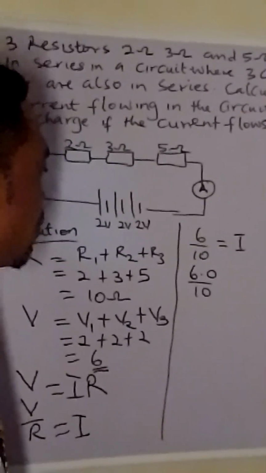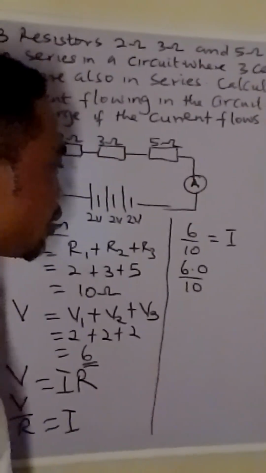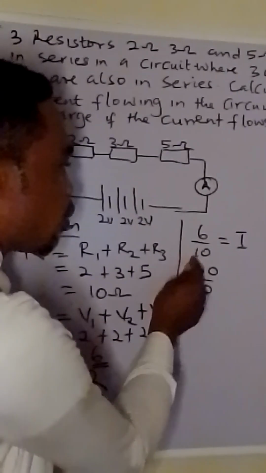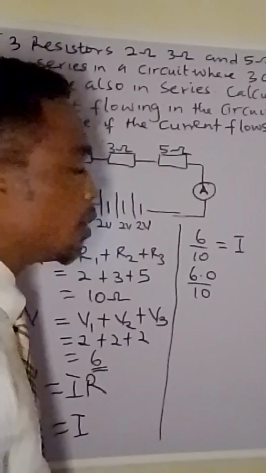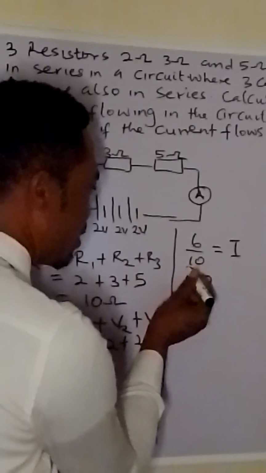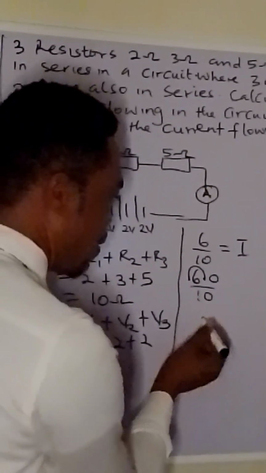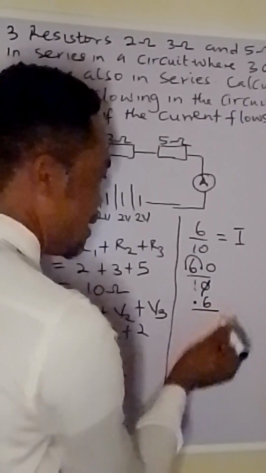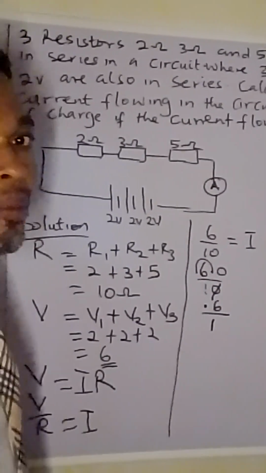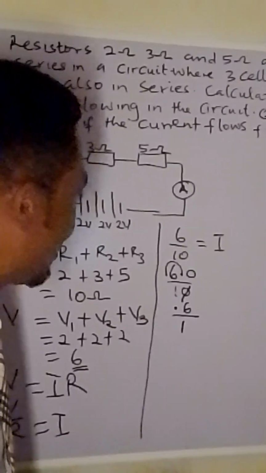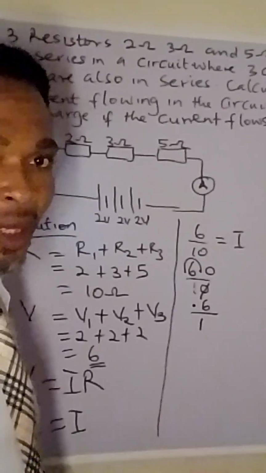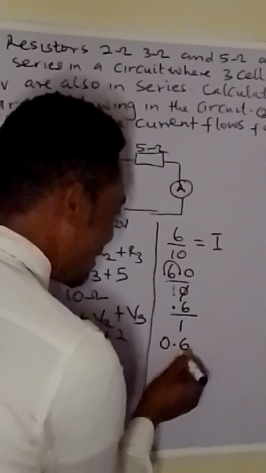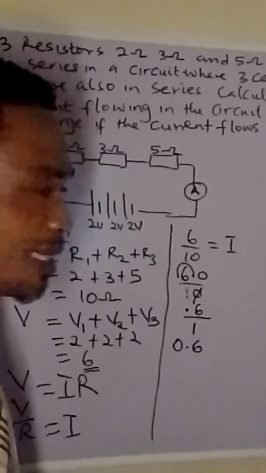So when we want to do this division, we move this decimal point to the left. Once you move it one decimal place, you cancel the 0 down. So what are we having now? 0.6 over 1. And what is before the point? Nothing. So it means that we have 0.6. Anything divided by 1 is that same thing.